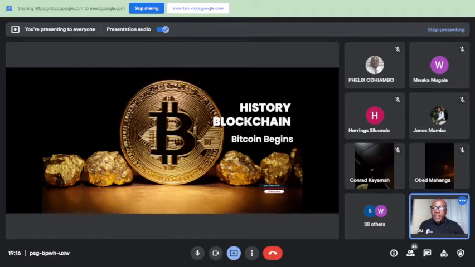Right. So enter 2009. Nakamoto used his design as a core component in the implementation of the first cryptocurrency, Bitcoin, where it serves as a public ledger for all transactions on that network.